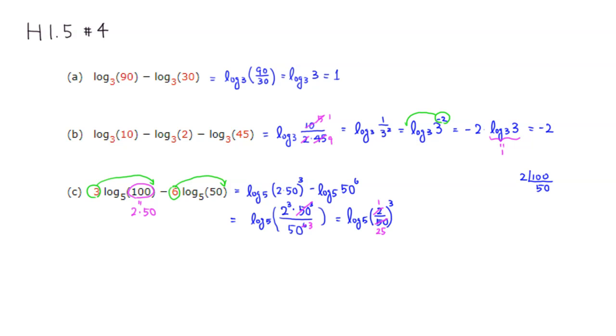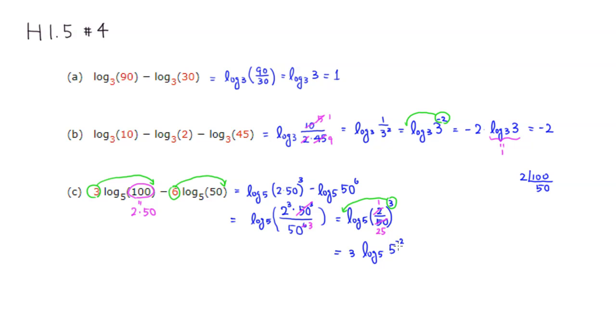And then we can also place 3 in front, right? So that's going to give us 3 in front, and you have a log to the base 5 of 1 over 25. It's a reciprocal, so it's going to be a negative power. And 25 is 5 squared, so 5 to the negative 2 power is going to be 1 over 25.